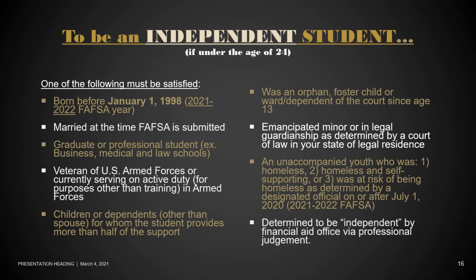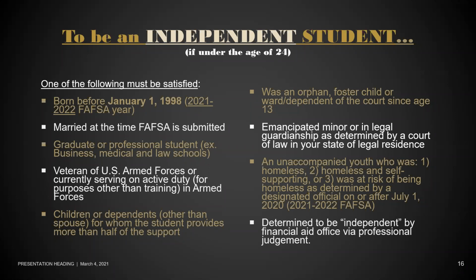Not that their parents are helping to provide support for their child, but the student themselves is caring for their own child. If the student is an orphan, in foster care, or a dependent through the courts, meaning that they were removed from their home for their own safety, then they could be considered an independent student.